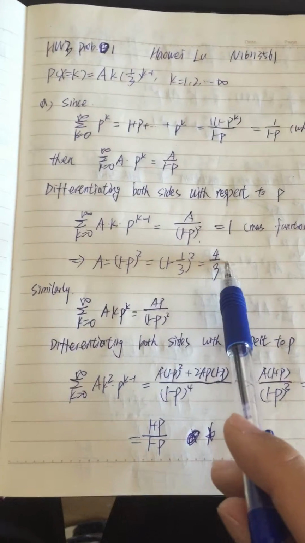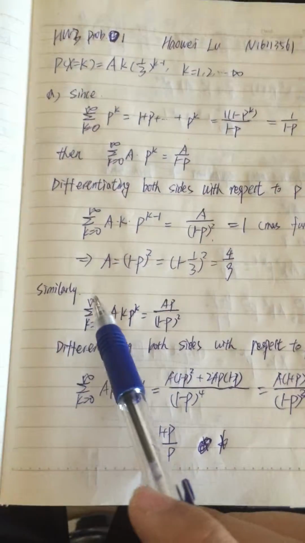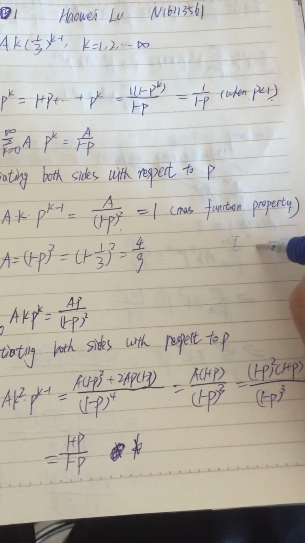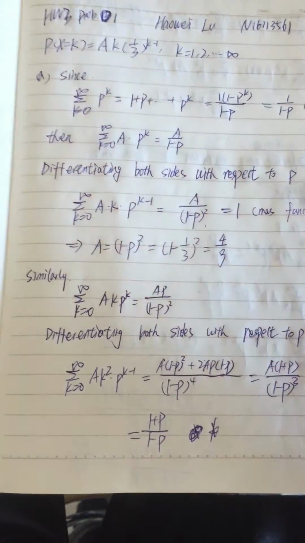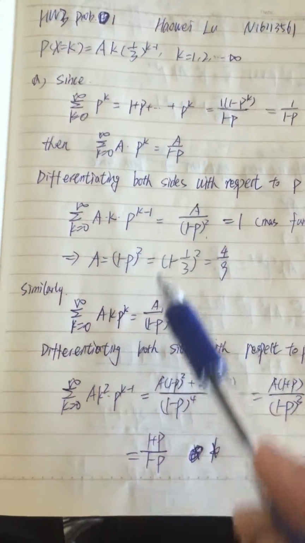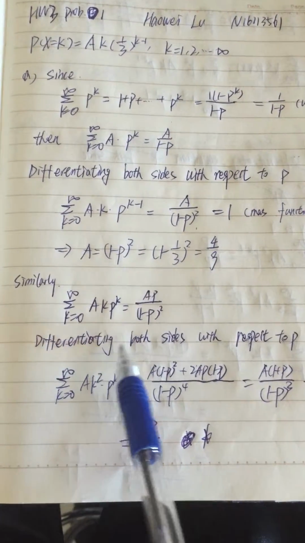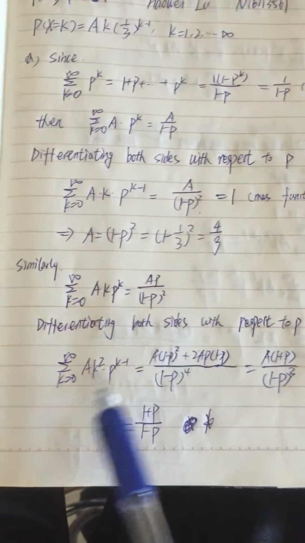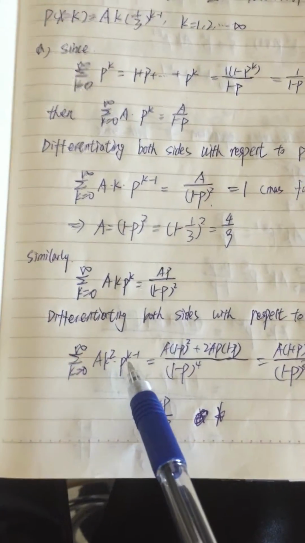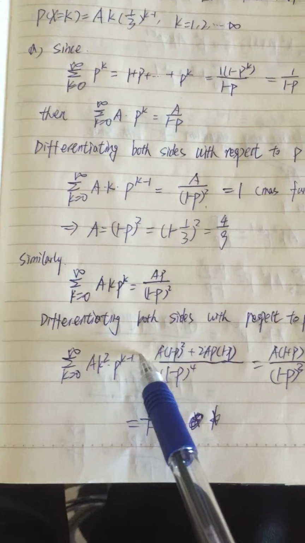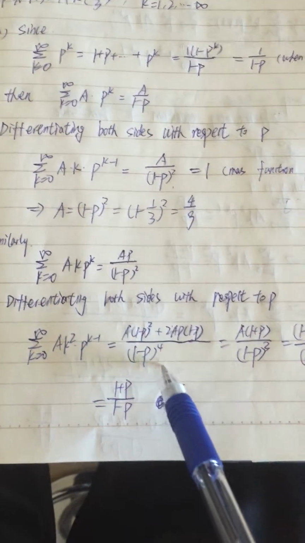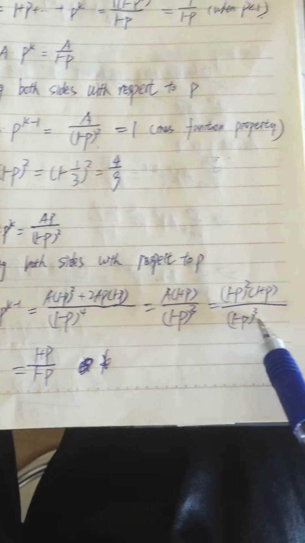For problem B, we need to calculate the mean of x. First, we get this equation from here. We differentiate again both sides with respect to p, so we get a multiplied by k to the square multiplied by p to the k minus 1 equal to the right part differentiated with respect to p, which is like this.